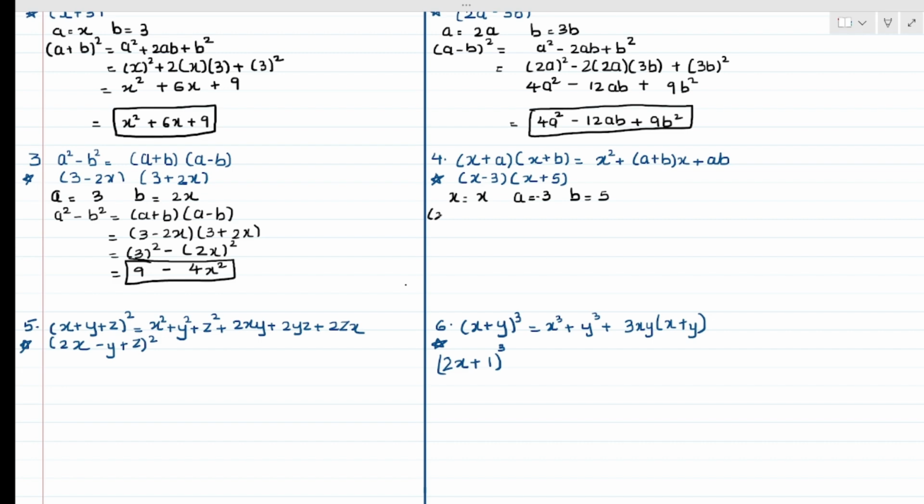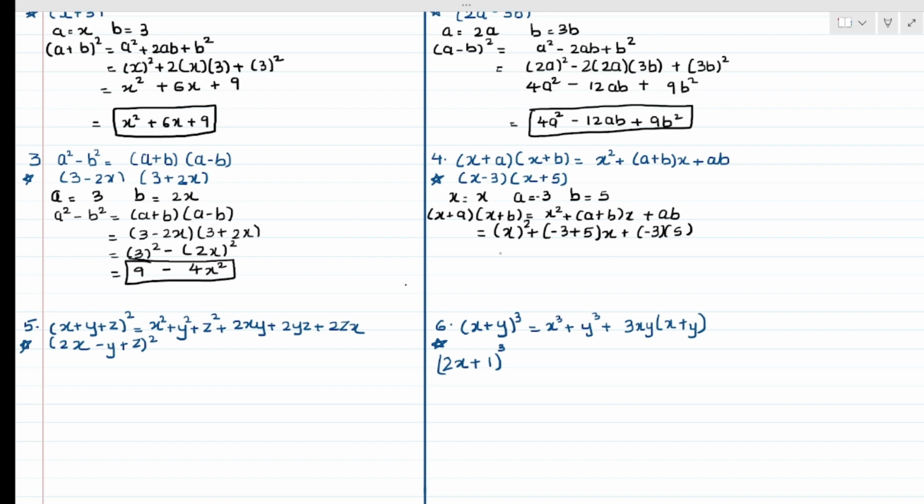As your identity says, (x + a)(x + b) is equal to x square plus (a + b) times x plus ab. So let's substitute all our values. That means x square plus (-3 + 5) times x plus (-3) times 5.